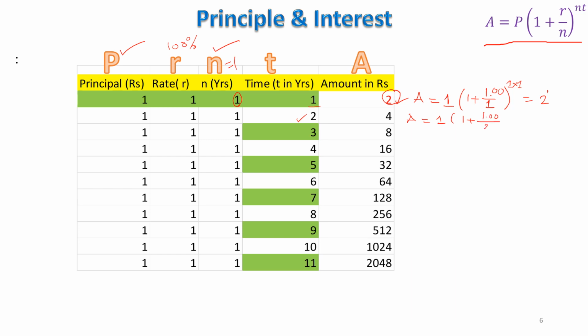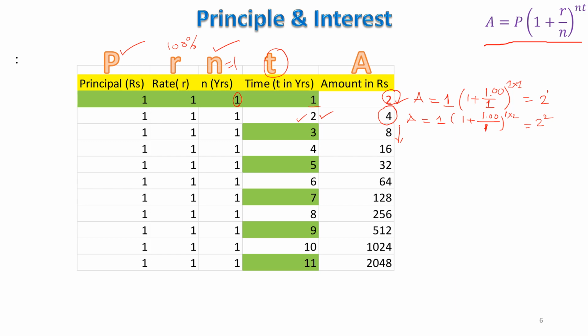This is being invested for 1 year, and to the power 1 into time, this time t is equal to 2, and here it appears. So 2 to the power 2, that leads to 4, so on and so forth. You can pause the video and verify these calculations.